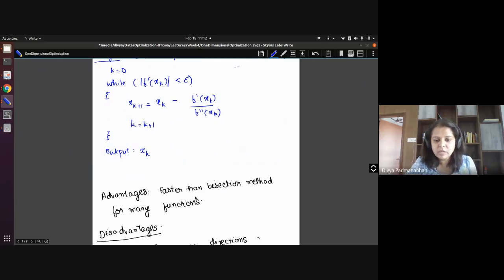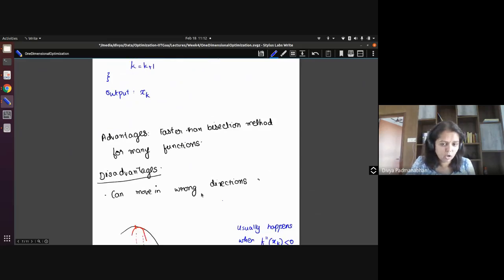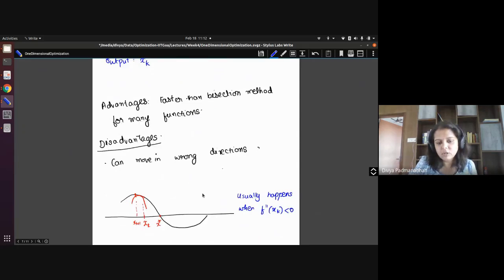So it's faster than the bisection method for many cases, but sometimes you can move in the wrong direction. That can happen in these kinds of functions, usually when the second derivative is less than 0.